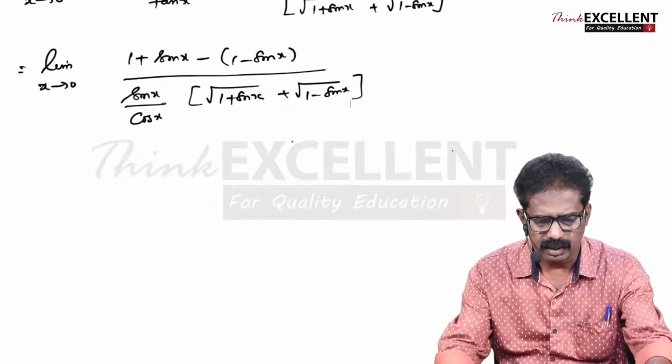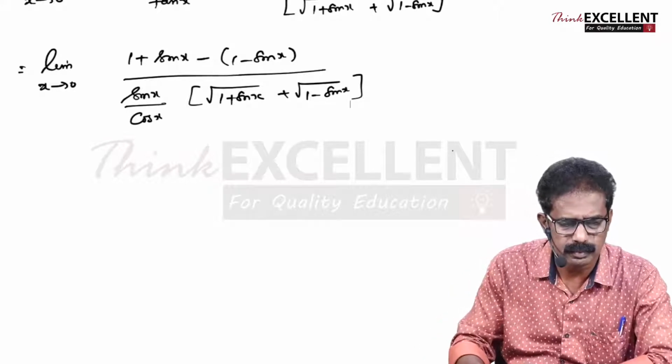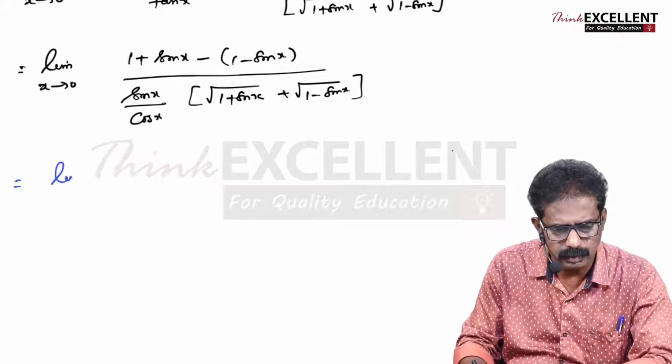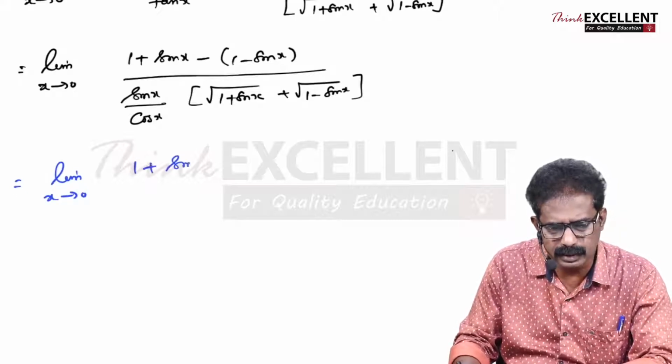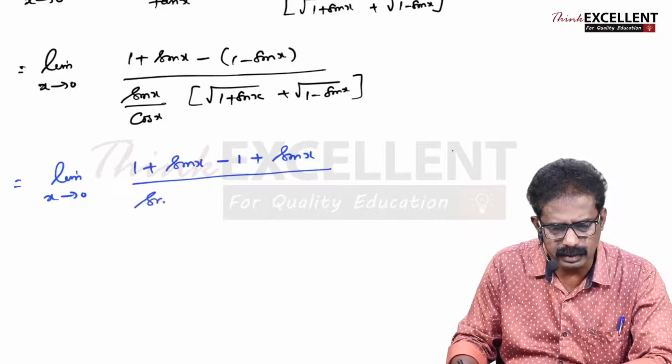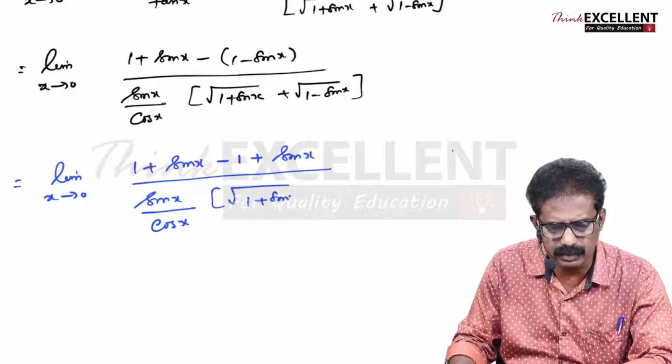Now we simplify. Limit x tends to 0, 1 plus sin x minus 1 plus sin x, divided by sin x by cos x, which has to go up, into root of 1 plus sin x plus root of 1 minus sin x.